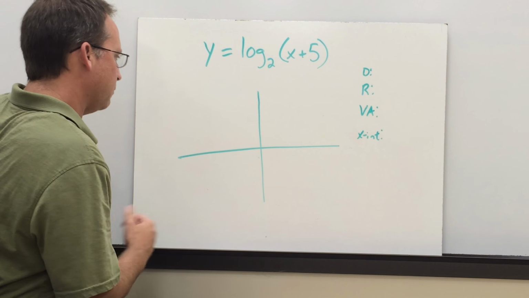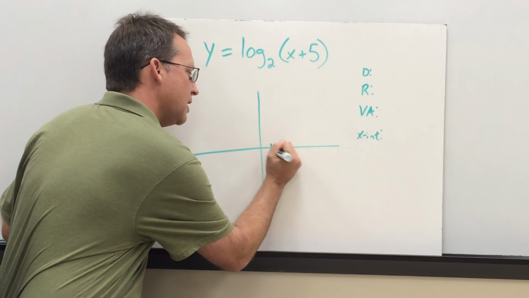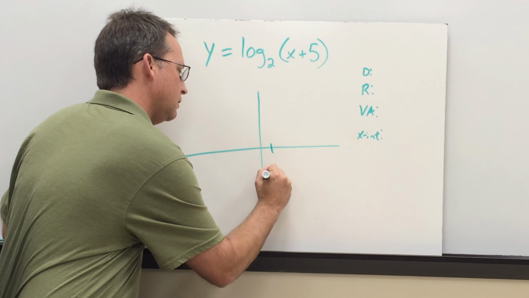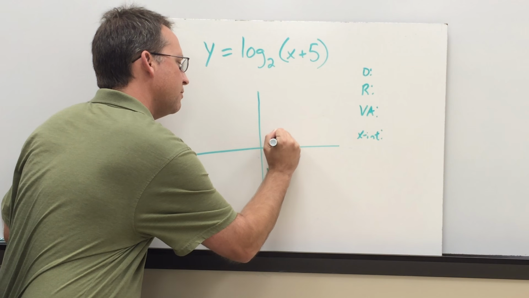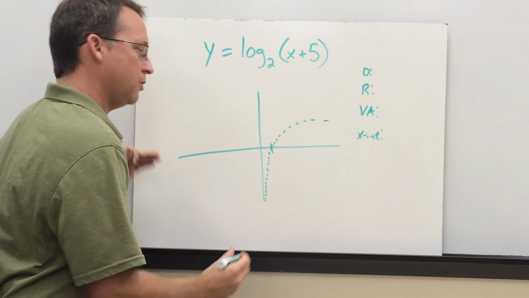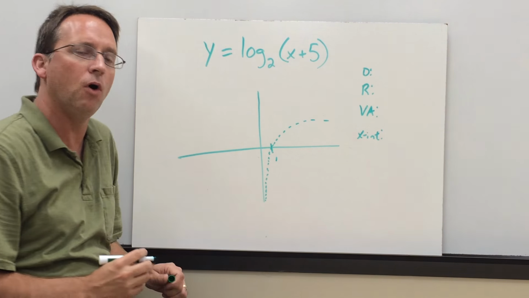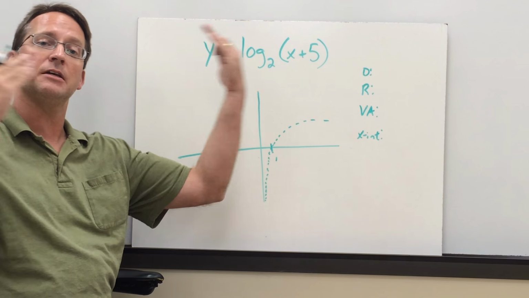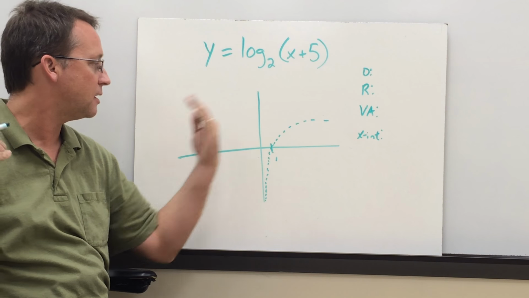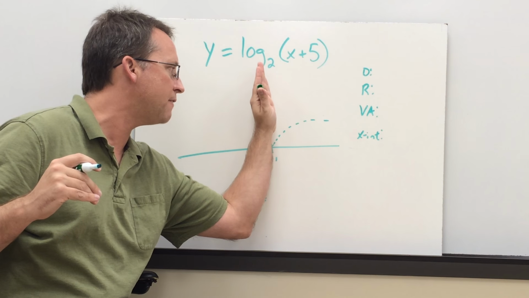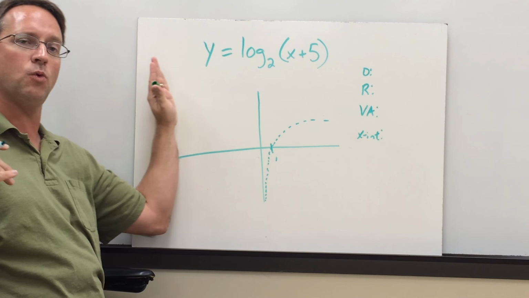So this graph, and I'll go back and we'll sketch in our original log base 2 of x parent function here first with an x-intercept of 1. We're going to move everything to the left 5 units. Now moving this to the left 5 units is going to move the asymptote as well.